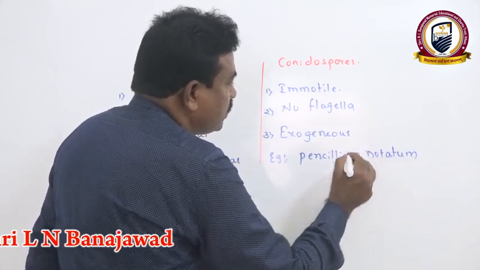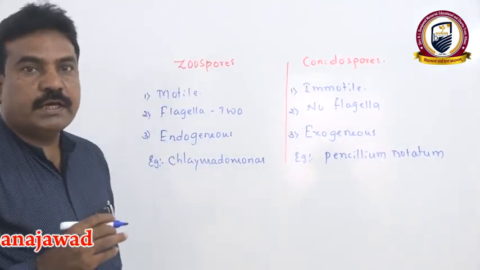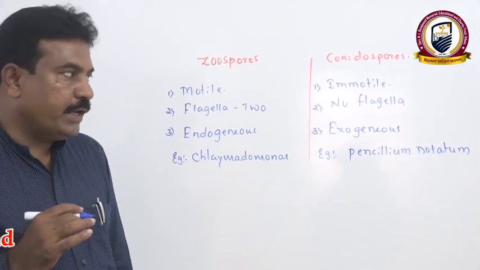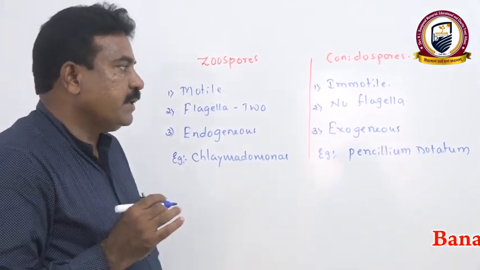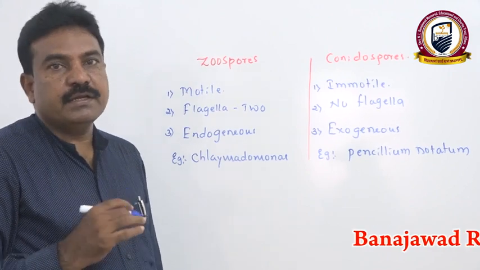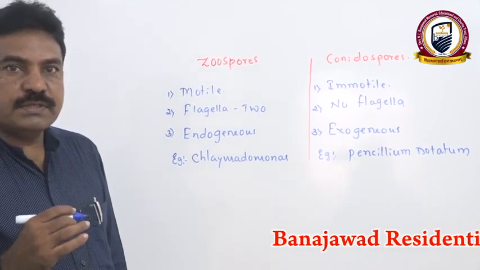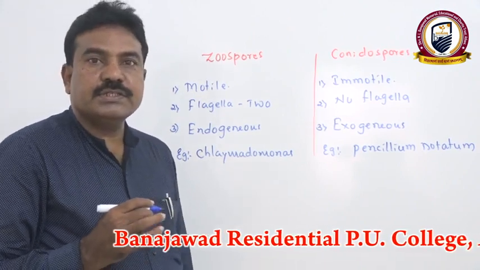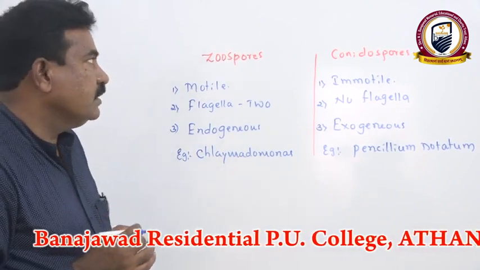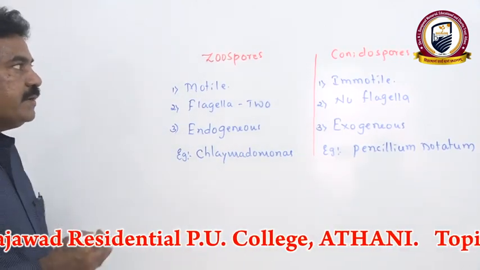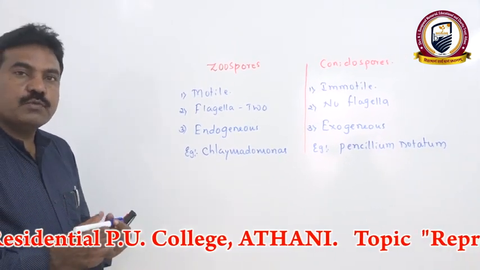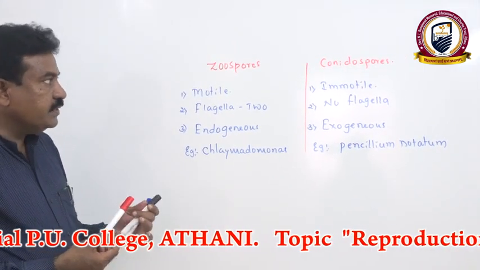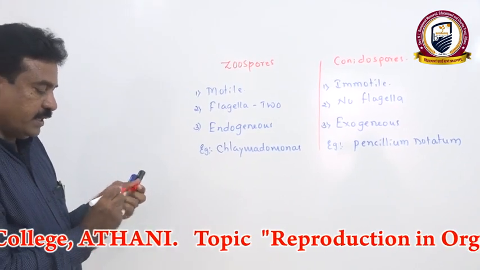From that, for the first time, the antibiotic penicillin was analyzed, used for the treatment of different types of bacterial diseases. It was first analyzed by the great scientist Alexander Fleming. These are the two different types of asexual mode of reproduction we see in some lower organisms.